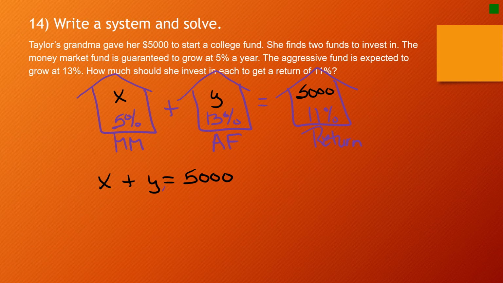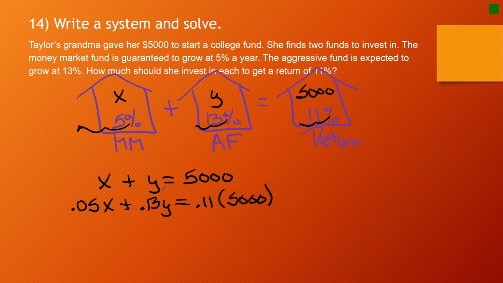Then, this is the weird part. Remember, for percent, you got to go to a decimal. 0.05 times amount plus 0.13 times amount equals 0.11 times amount. That's the part everybody forgets. It's percent times amount, percent times amount, percent times amount.